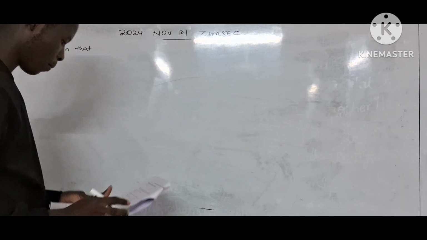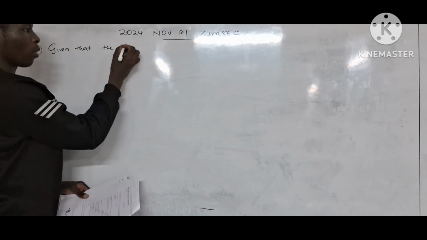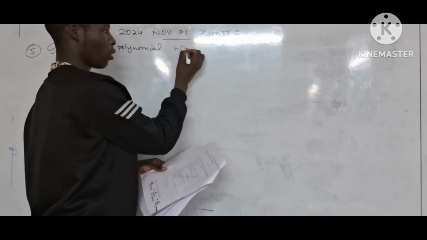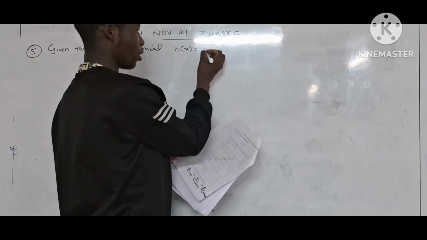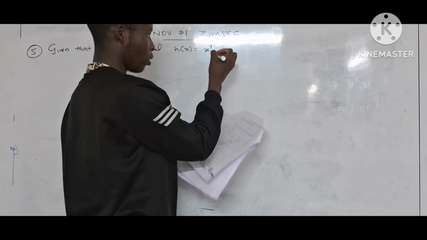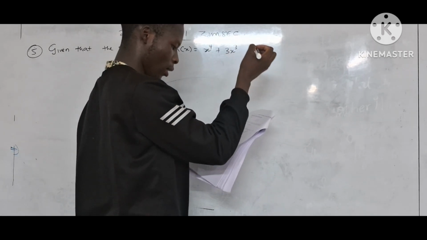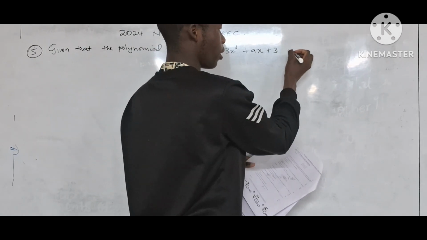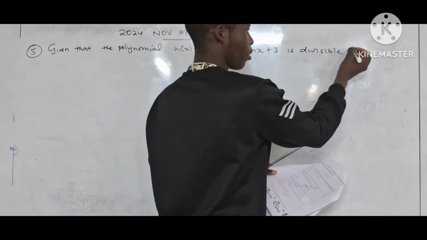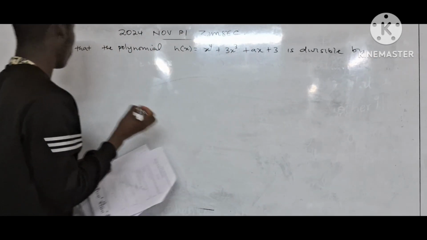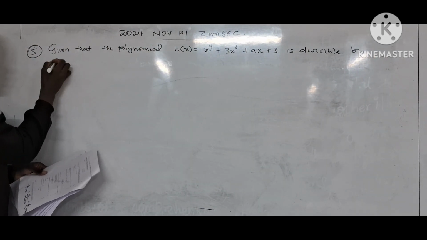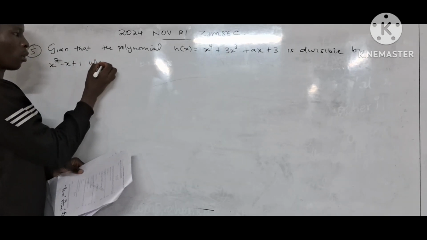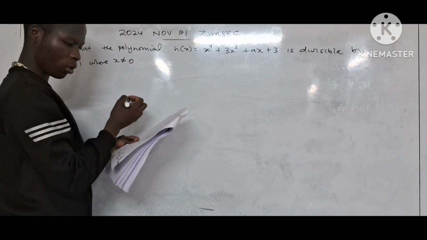Given that h of x is x to the power 4 plus 3x to the power 3 plus ax plus 3 is divisible by x squared minus x plus 1, where x is not equal to 0.